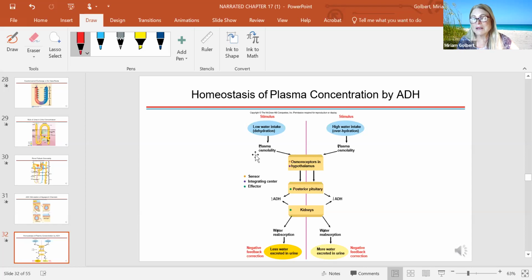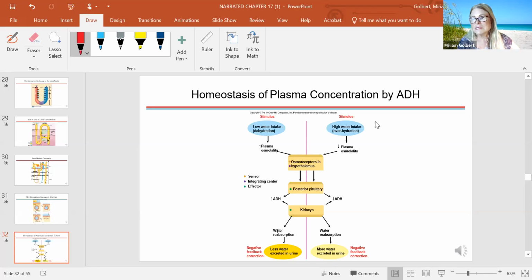And when the plasma osmolarity is increased, which I think you can see by the little arrows there, that means we have low blood volume, low plasma. So the osmoreceptors in the hypothalamus are going to detect that, and they're going to send the information to secrete the ADH. And that's how the posterior pituitary secretes ADH, and it's going to tell the kidneys to reabsorb more water. So we're going to make less urine. That will be the compensatory mechanism, right?